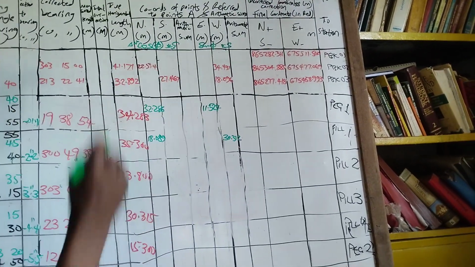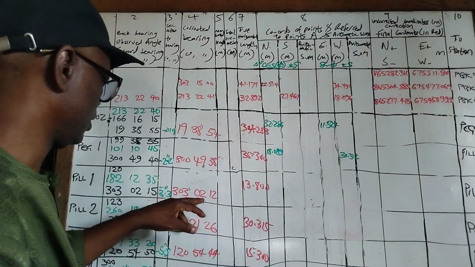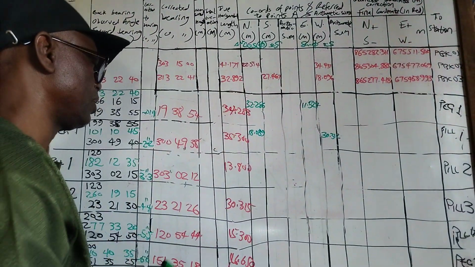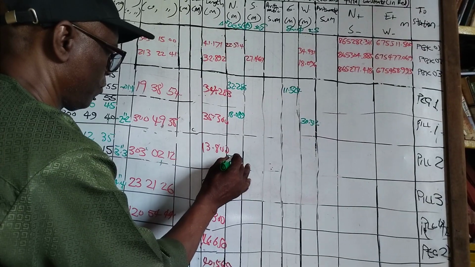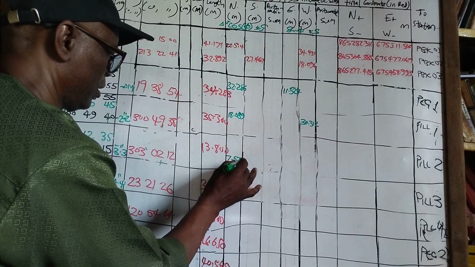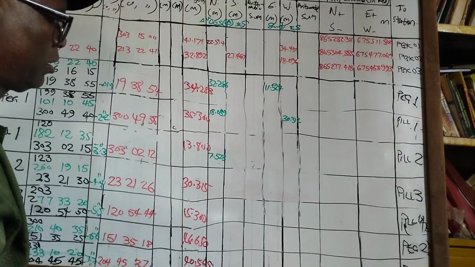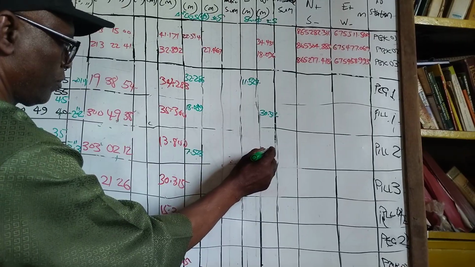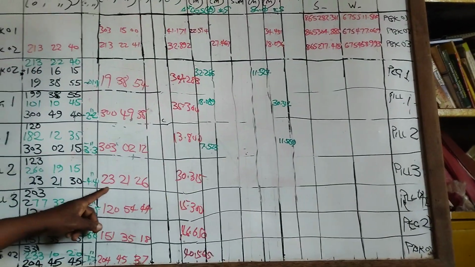Okay, the next line. 303 degrees 2 minutes 12 seconds to 13.800 meters. Plus 7.523. The eastern, minus 11.569. All right. Go to the next line.